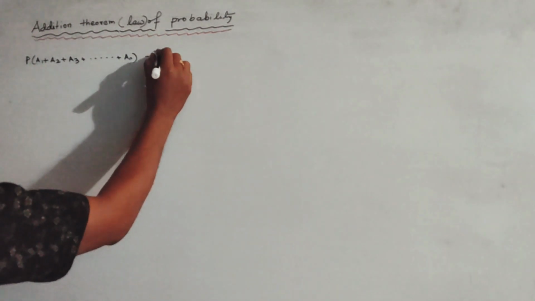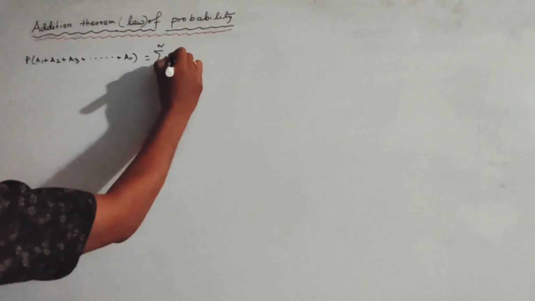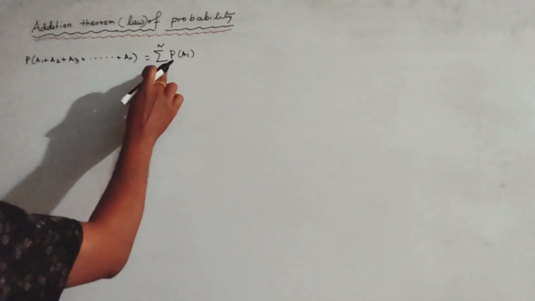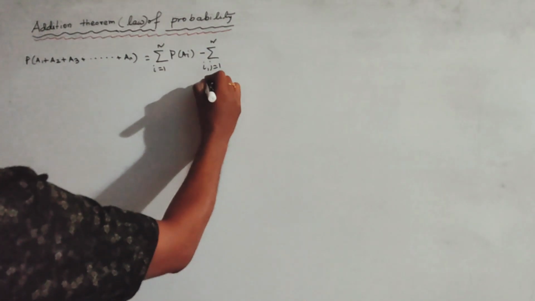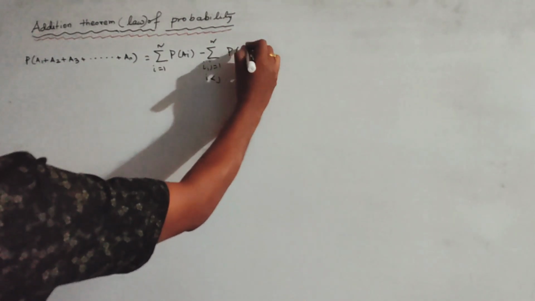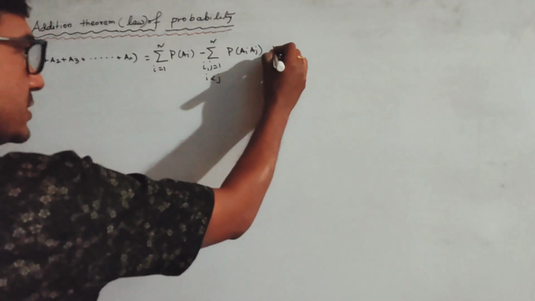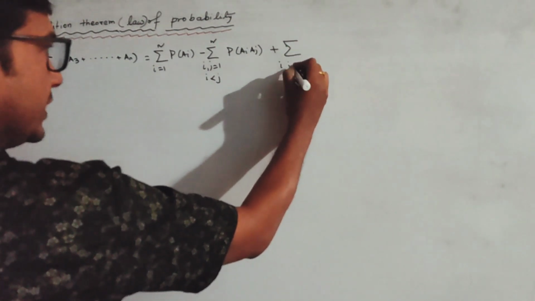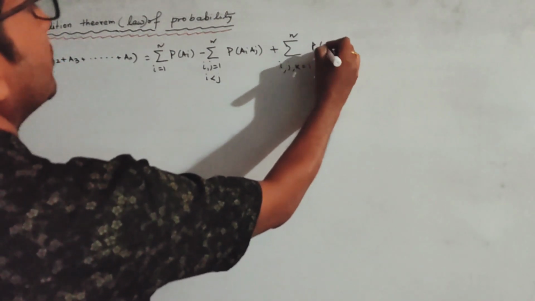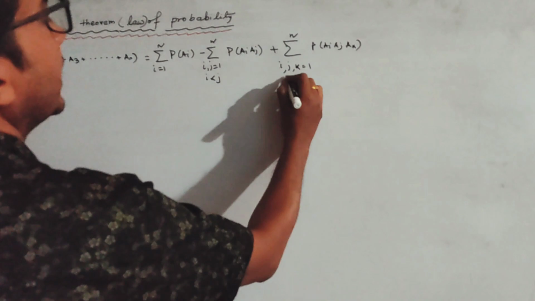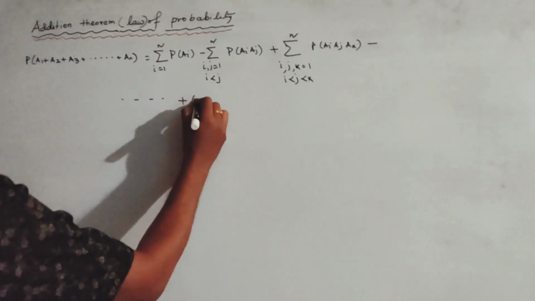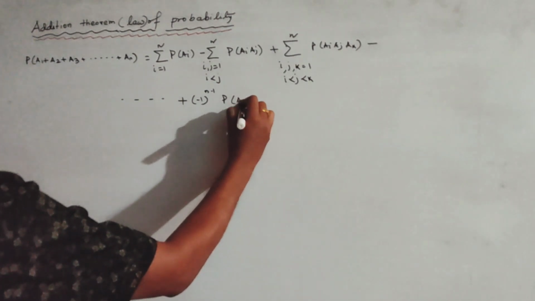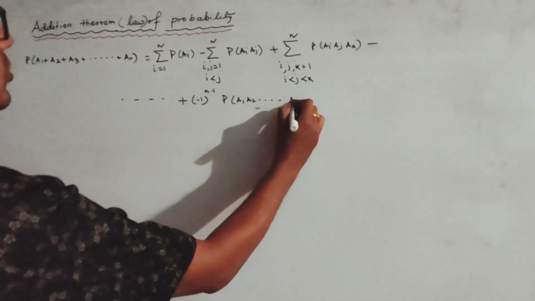This result is summation i equal to 1 to n P of Ai, that is P of A1 plus P of A2 plus P of A3 up to P of An, minus summation i j, with 1 to n and i less than j, P of Ai Aj, plus summation i j k, 1 to n, P of Ai Aj Ak with i less than j less than k, and so on, minus 1 to the power n minus 1 P of A1 A2 up to AN.